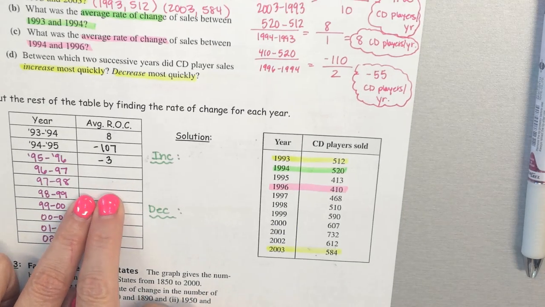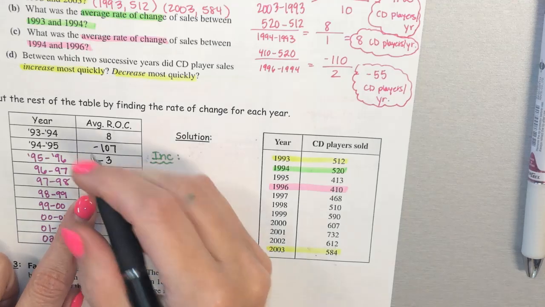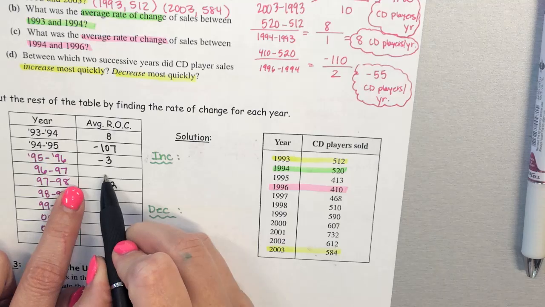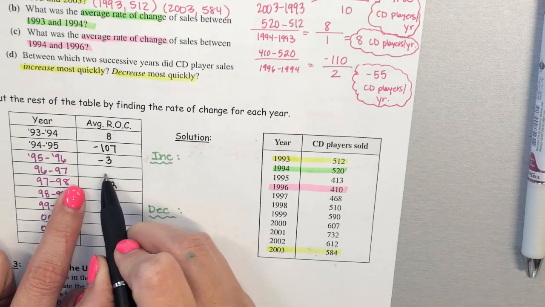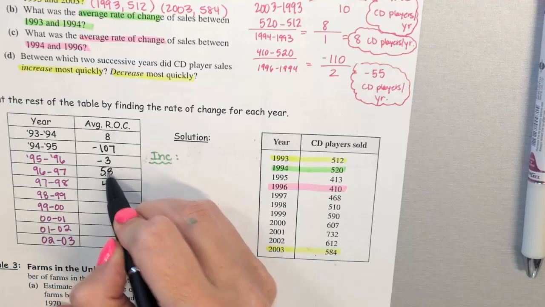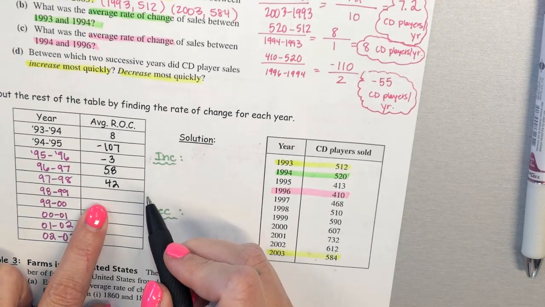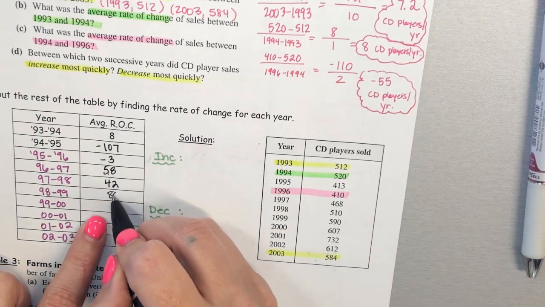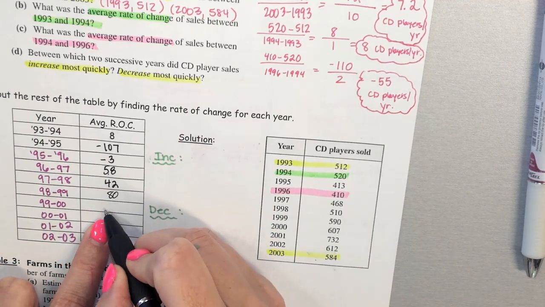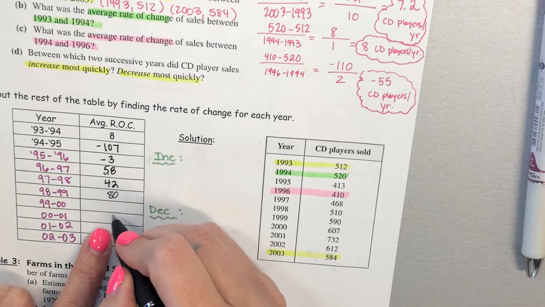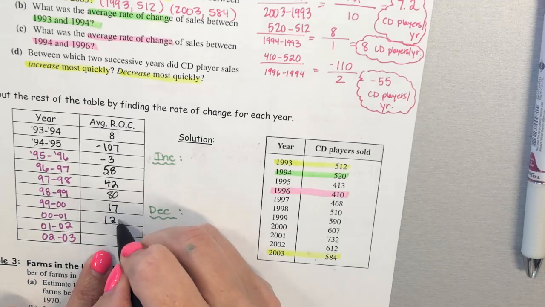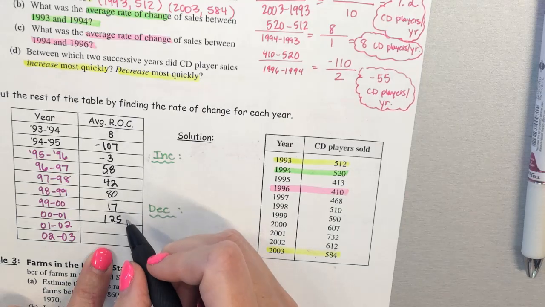Okay, and then Andrew, what did your row get for 96 to 97? 42. And then Alaria, what did you get? 96 to 97. Okay, what did you guys get? 58. All right, 98 to 99. Great. 99 to 2000. 2000 to 2001. Yes. Okay, 01 to 02.